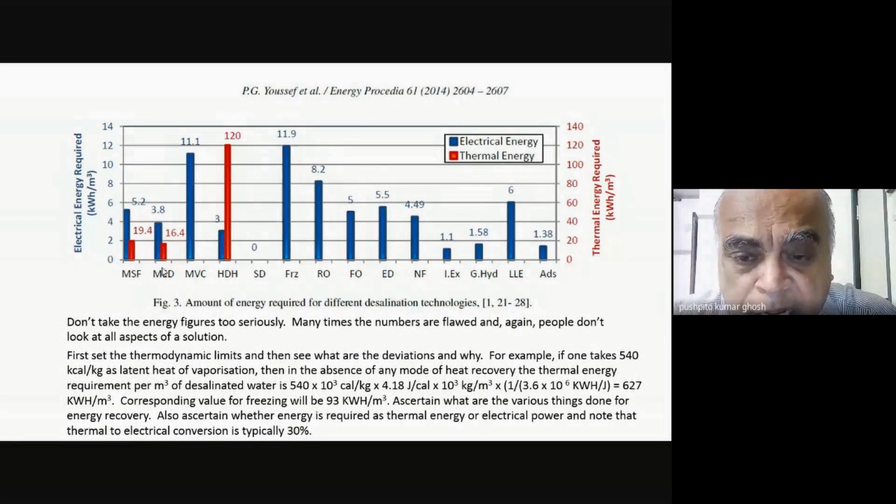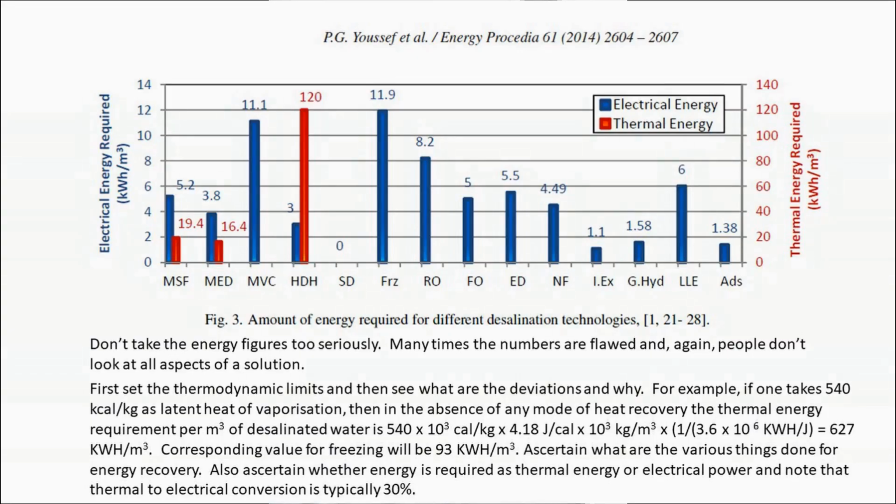So I can look at the extreme situation. For example, like we talked about, 540 kilocalorie per kilogram is the latent heat of vaporization, and whether I'm doing evaporation or boiling, the latent heat is not going to change substantially. It will be 540 multiplied by 4.18 joules per calorie, multiplied by 10 to the power 3 kilogram per m cube.